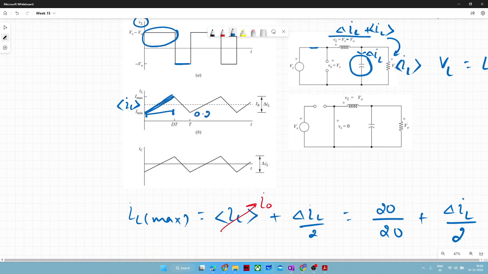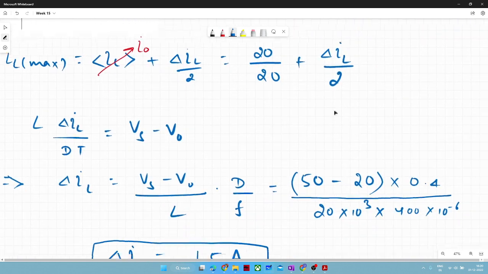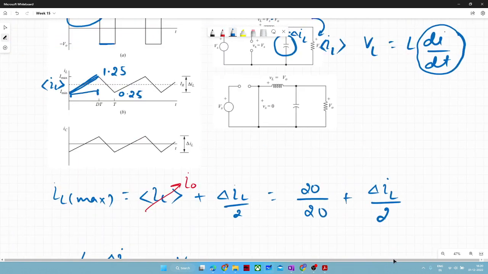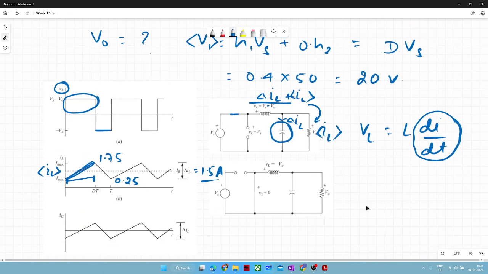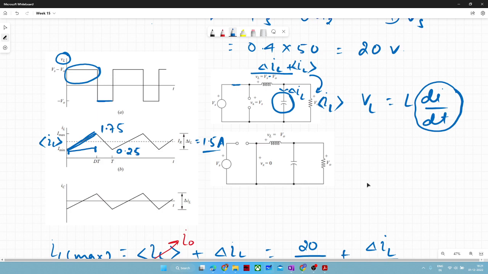It is varying from 0.25 to, sorry, 1.75. So 1.5 of peak to peak ripple was present with the average value of 1 ampere. So this was, based on continuous conduction, a straightforward question.